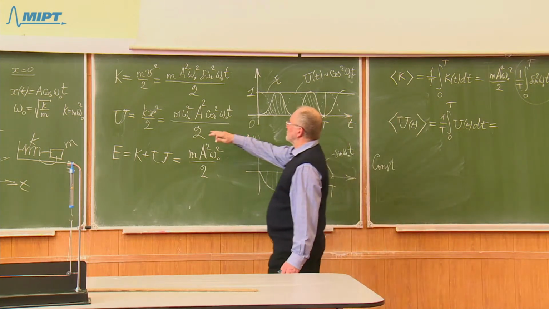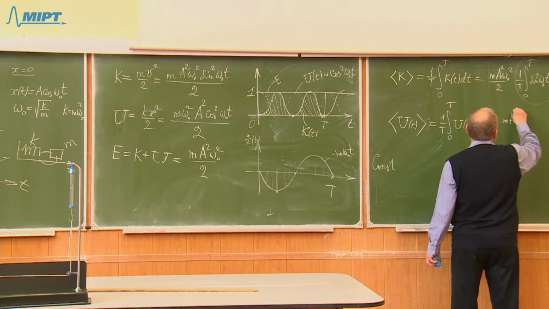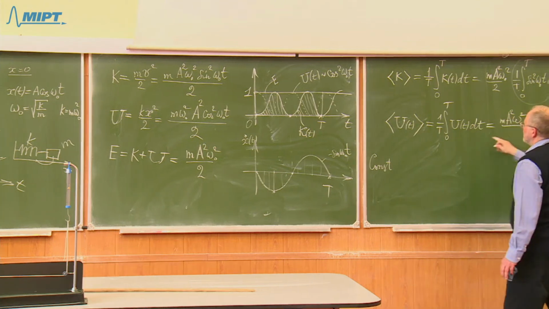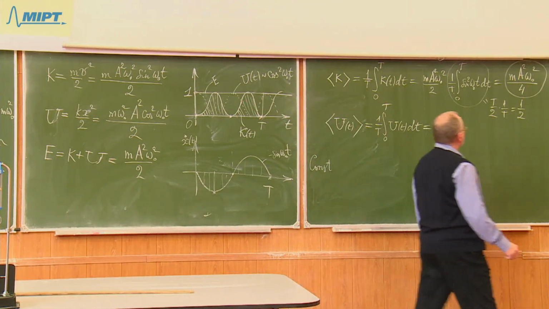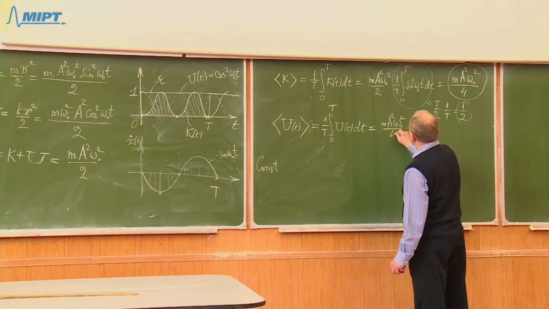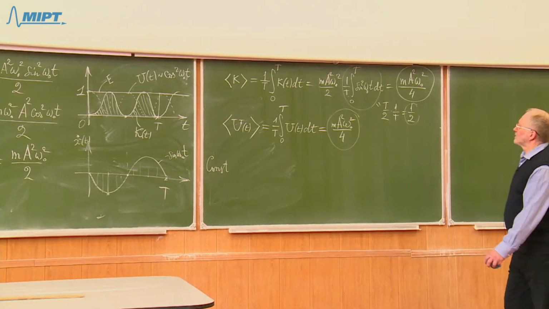And the same, I have to integrate this function. That will give me m a squared omega 0 squared divided by 2. And the integral for the same reason will be equal to 1 over 2, the same 1/2. So I will obtain again this quantity.